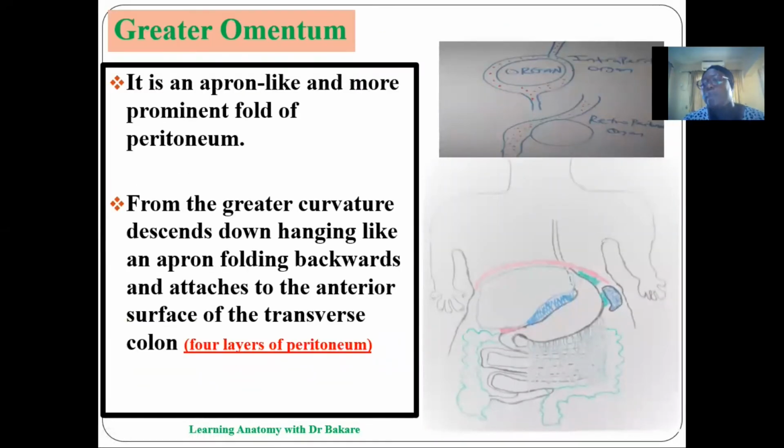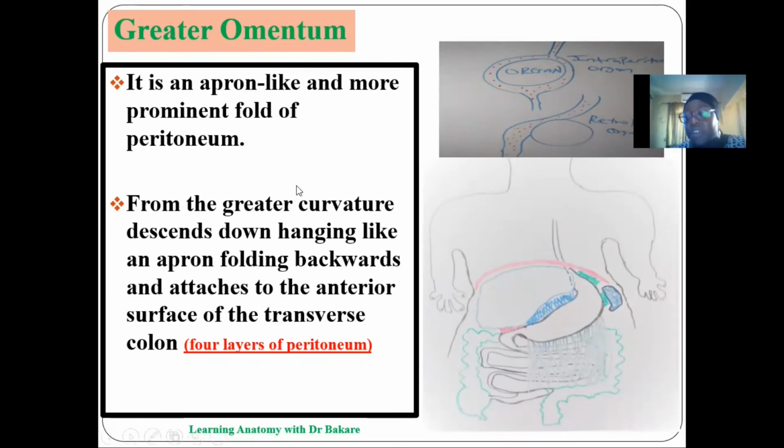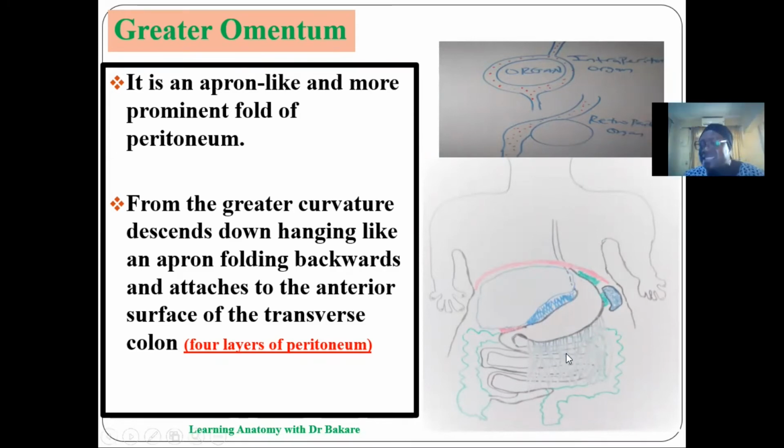The greater omentum. The greater omentum actually has an interesting part. So you have the double layer of peritoneum, and you see it descending down, running from the greater curvature of the stomach. It descends as far as the pelvic region before it decides to fold over itself like an apron.